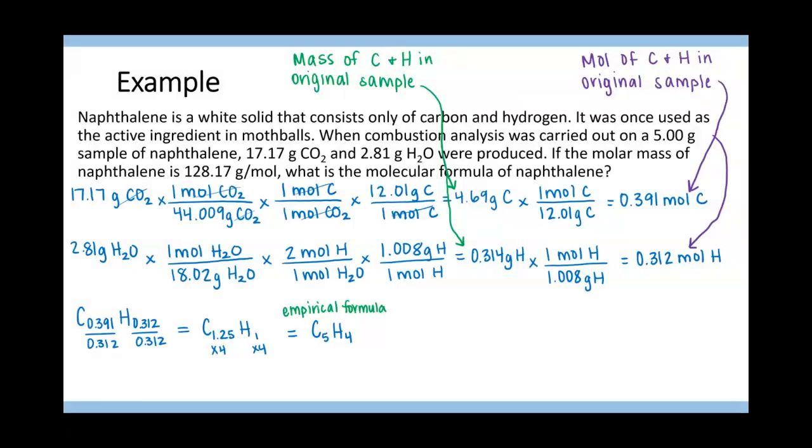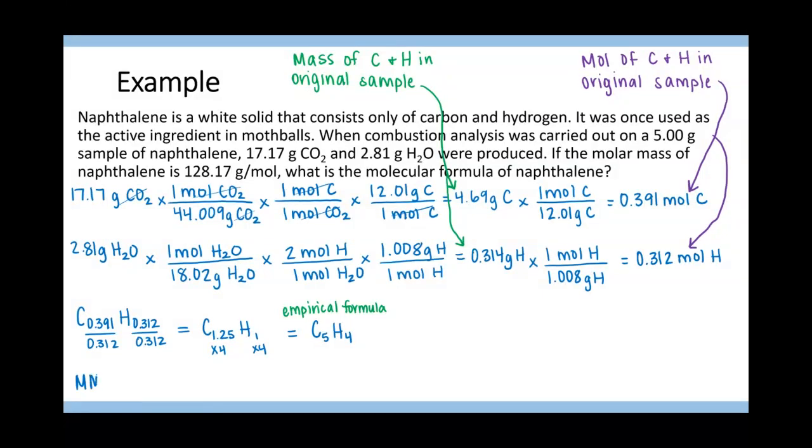But we're not done yet, because they asked for the molecular formula. So we've reached the empirical formula. We are given the molar mass of the molecular formula. We need to find the molar mass of the empirical formula, compare it to the molar mass that's provided. I'll do this down here.